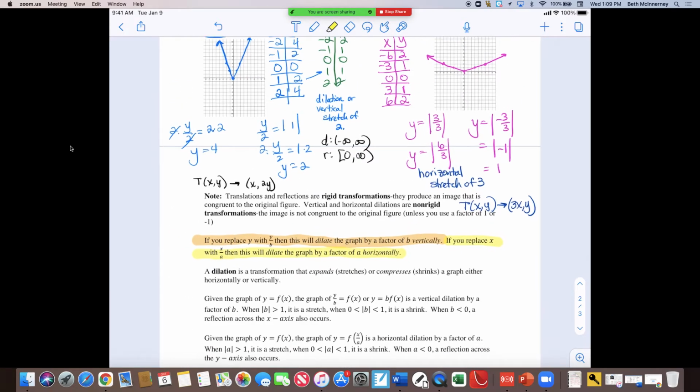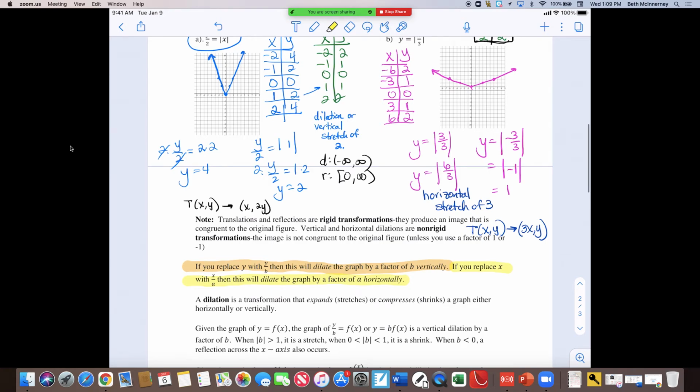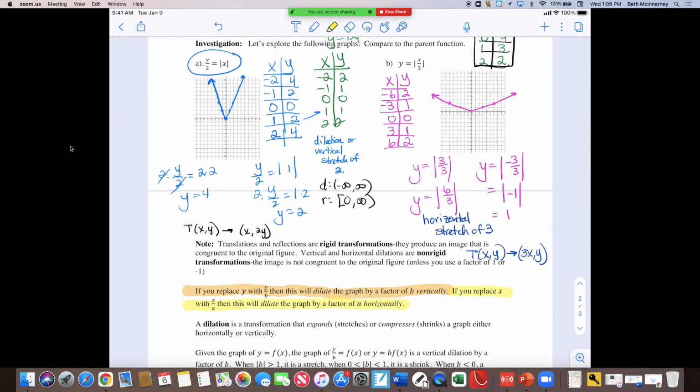So let's pause a moment and look back at our example 1. So I had y over 2, and that dilated vertically by a factor of 2. In part B, I had y equals absolute value x over 3. So that dilated or stretched the graph horizontally by a factor of 3.